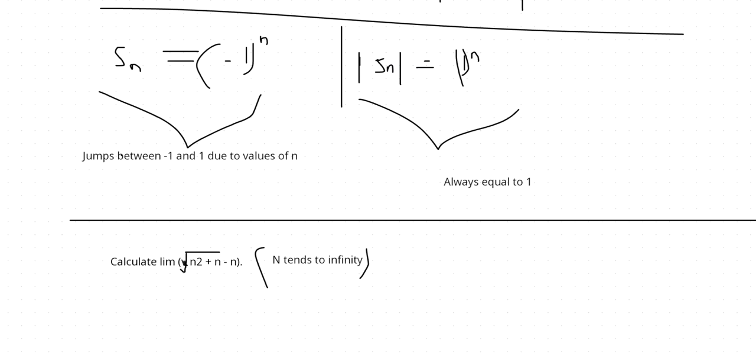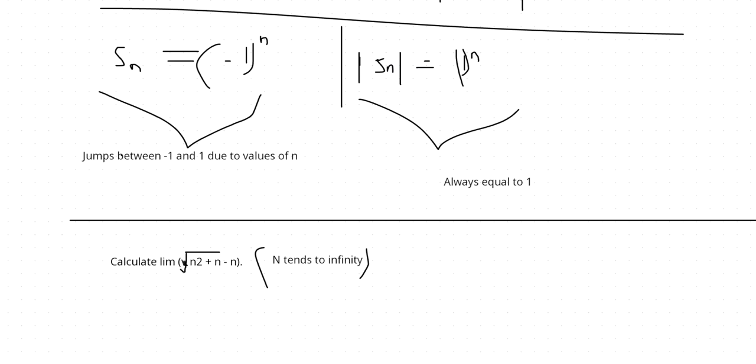So root of n squared plus n is almost equal to n, and the expression we get is n minus n, which is equal to 0.